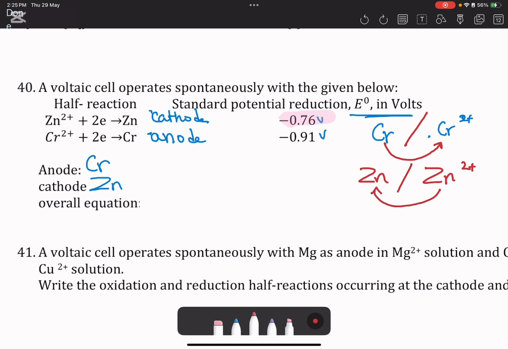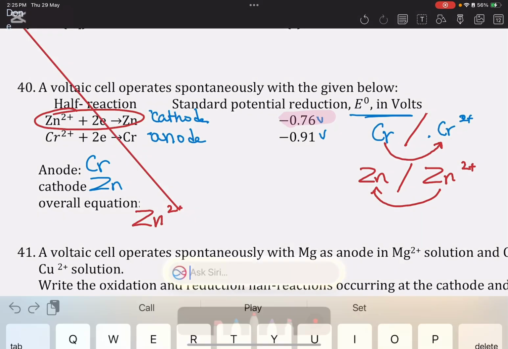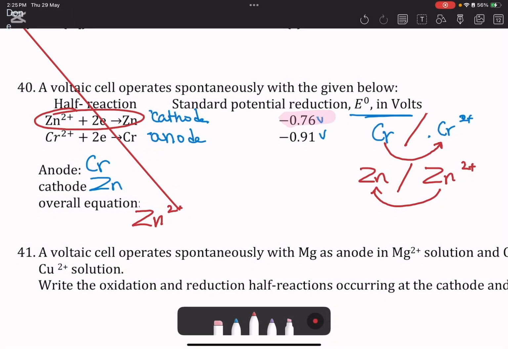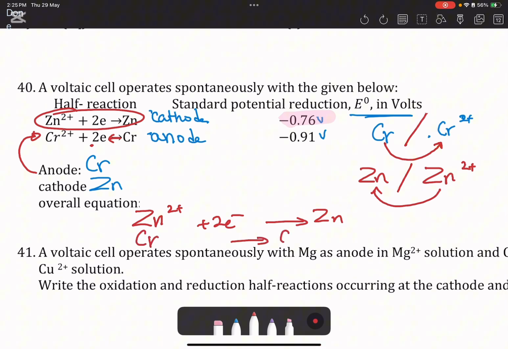So simply, at the cathode, you copy the equation as it is: Zn2+ plus 2 electrons giving Zn. And this one, the anode, you flip it. It is Cr giving Cr2+ and 2 electrons.